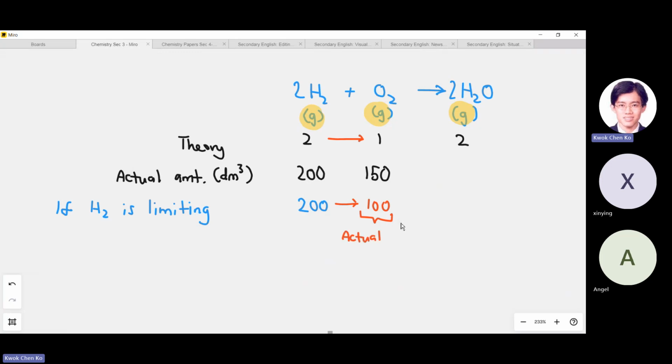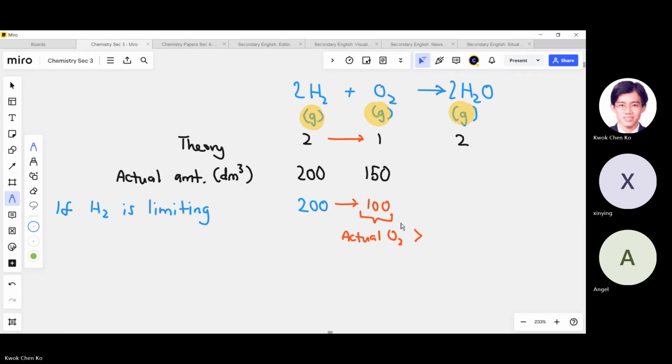Yes, I have more than that. Actual O2 is more than 100, so O2 is in excess, and therefore H2 is indeed limiting. And therefore my assumption is correct.